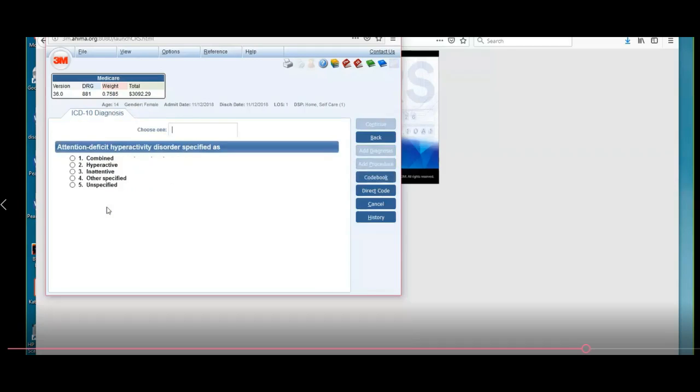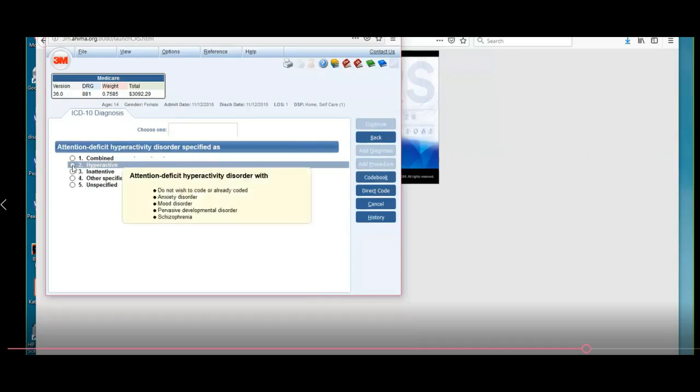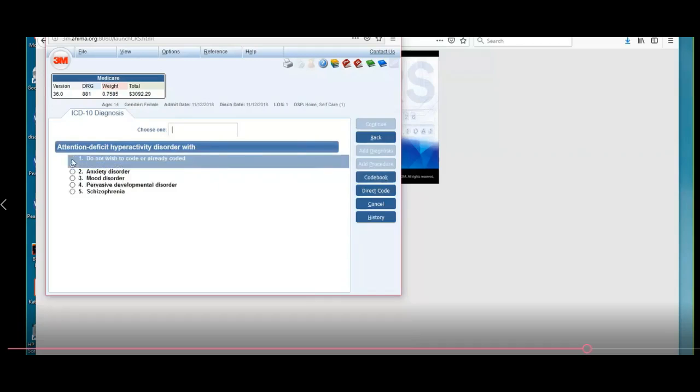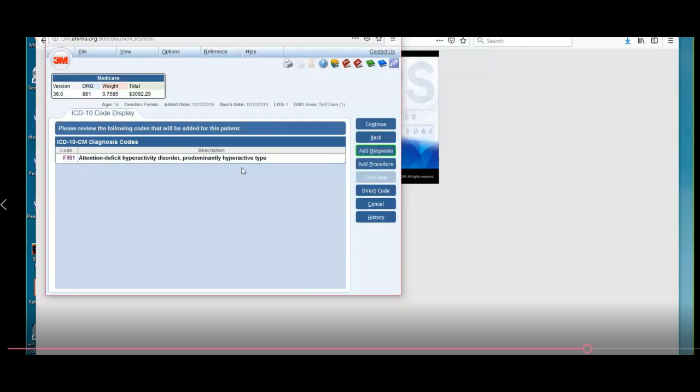But we want the hyperactive. Oh, there it is, hyperactive. So I just hit the wrong one. Okay, that's the one we want, the hyperactive type.